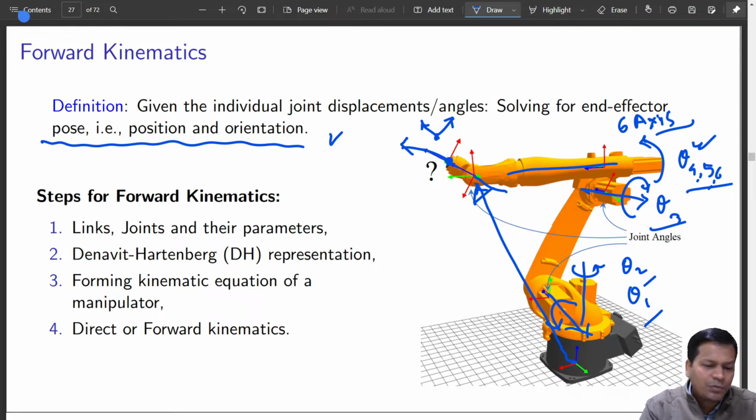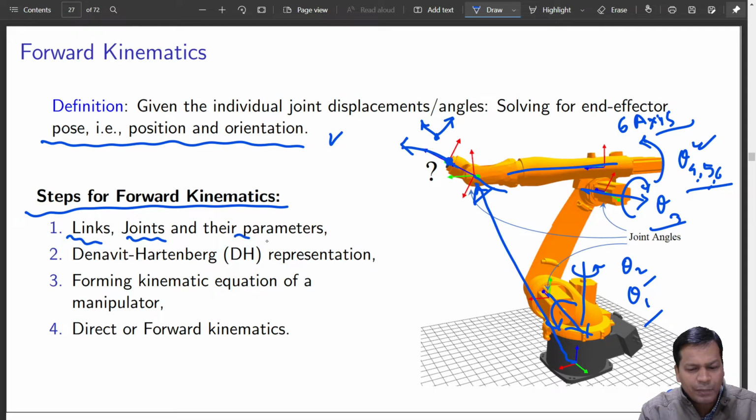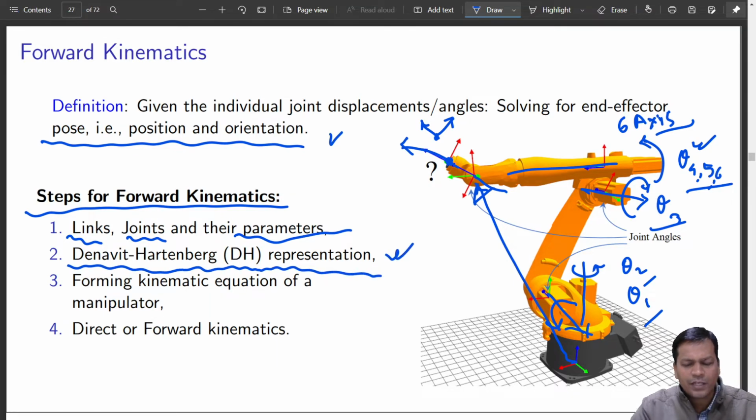Steps for doing forward kinematics: basically you need to know what the links and joints are and their parameters. Combined, it is known as the Denavit-Hartenberg parameters. This is another convention which has been followed for a long time to represent a link, its shape, and its relative position with respect to the previous link.